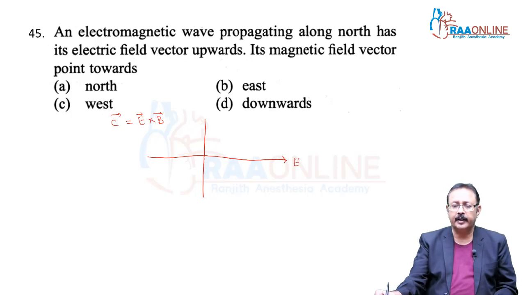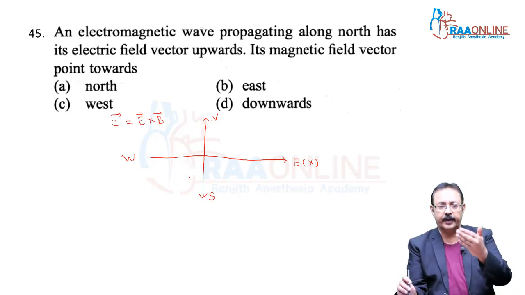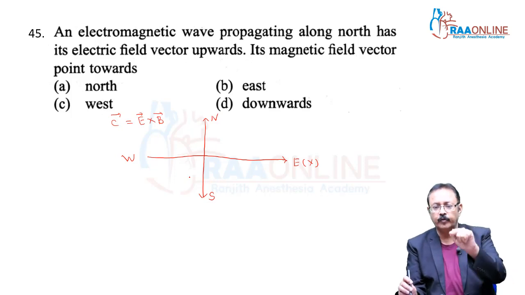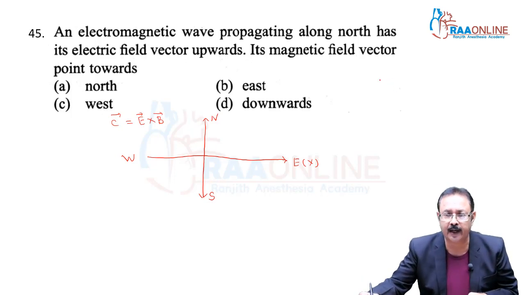East I am taking along the x-axis, so the negative direction of the x-axis is west. North means the positive direction of the y-axis, south the negative direction of the y-axis. And the positive direction of the z-axis is vertically upward, downward means the negative direction of the z-axis.